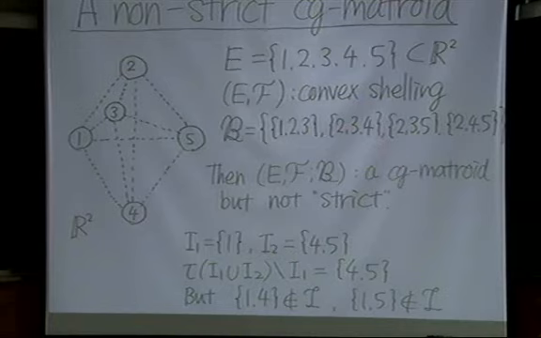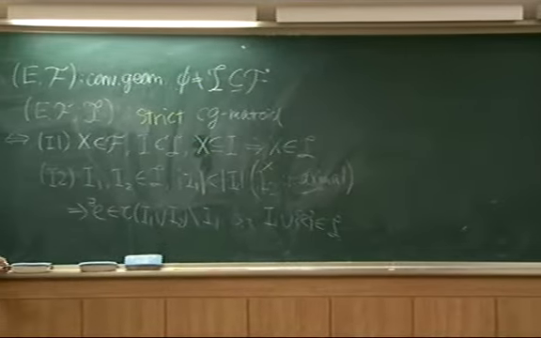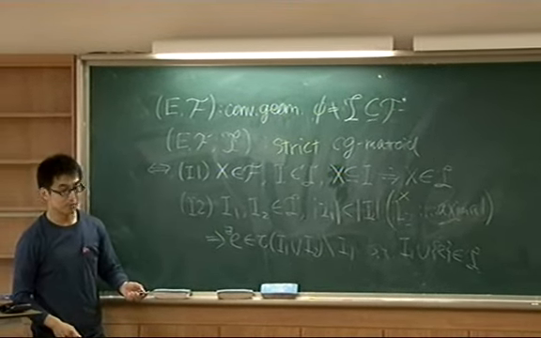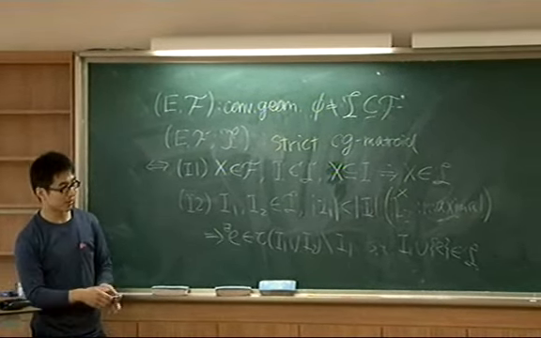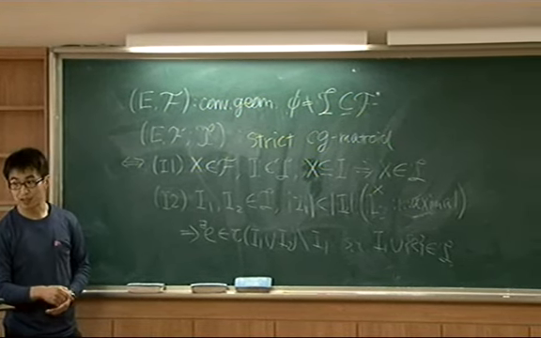So if we can augment, then we can take from here some element. Oh, sorry, there exists something. This is just 4, 5. But if we add 4 or 5, both of these sets are not independent sets.